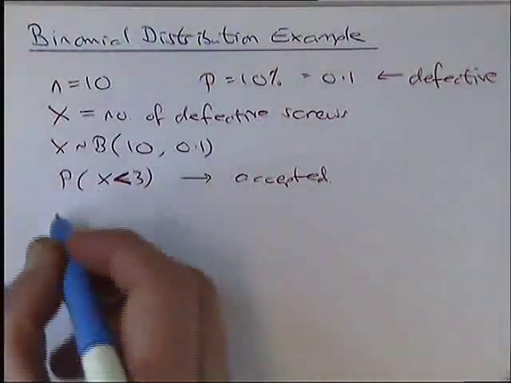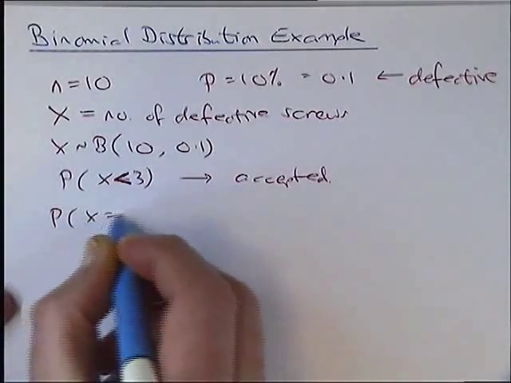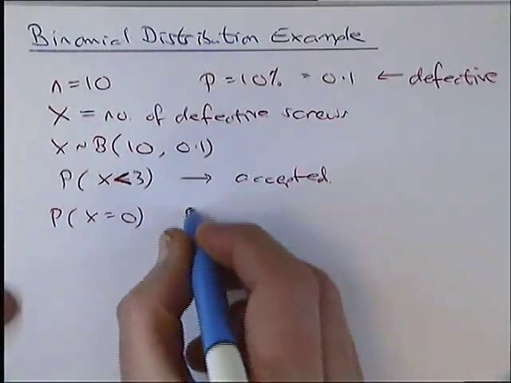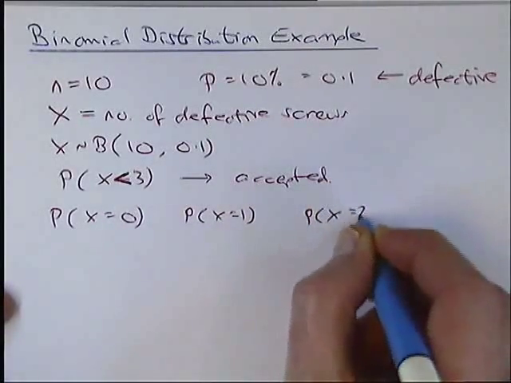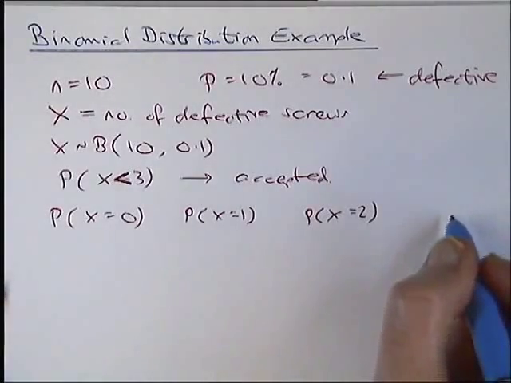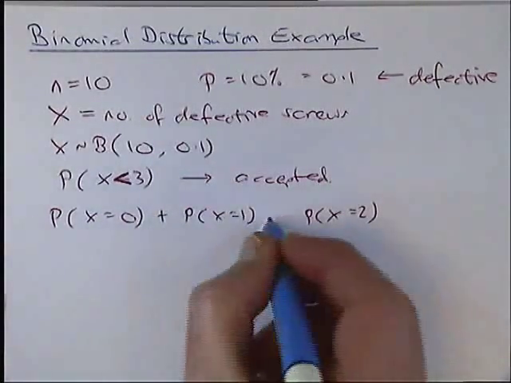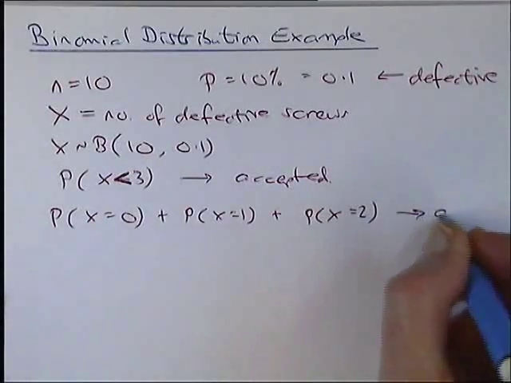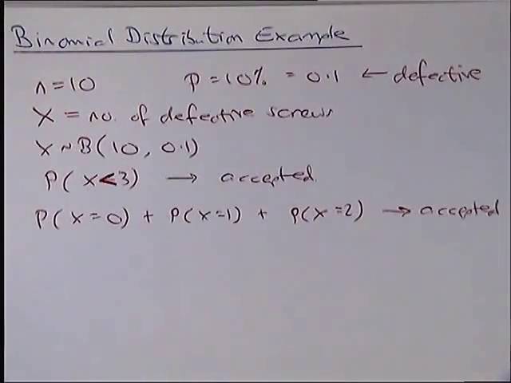So if I want the probability X is less than 3, well, what values could it take? I could have no defectives, I could have 1 defective, I could have 2 defectives, I couldn't have 3 defectives. 3 isn't less than 3. So those 3 probabilities added up will give me the probability that the batch will be accepted.